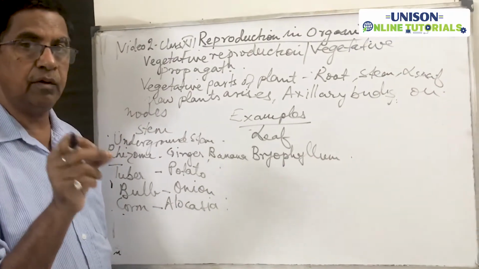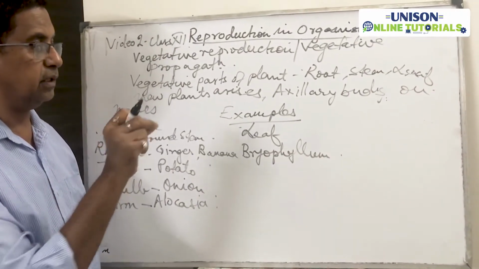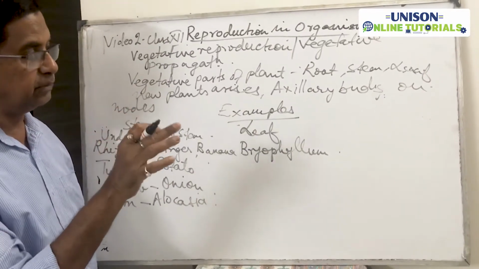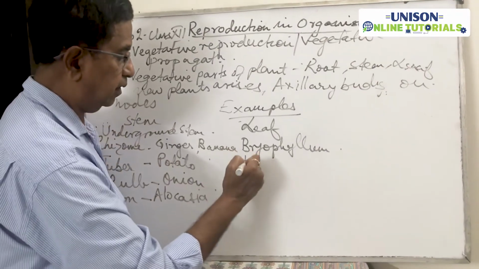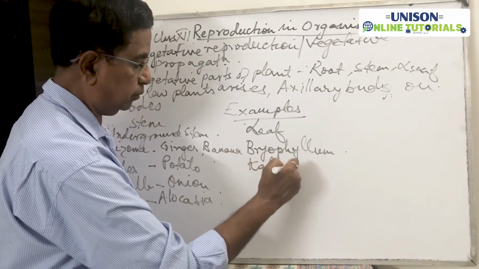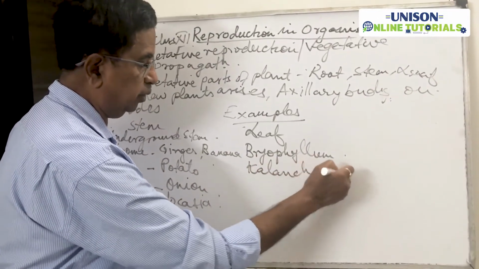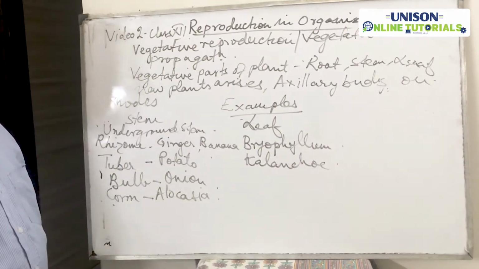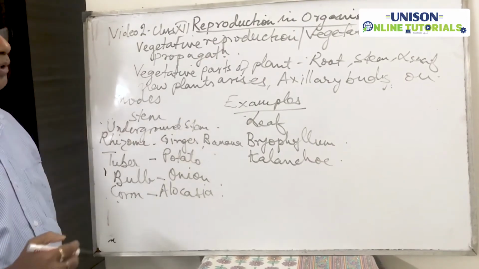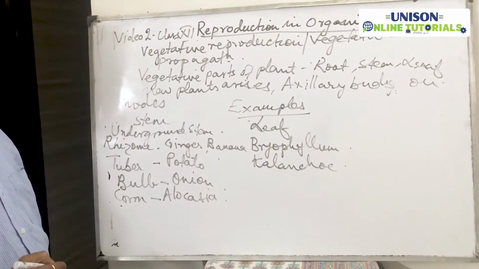The leaf margin has notches, and the notches have the axillary buds. From the axillary buds, new plants arise. Another example of the leaf is kalanchoe. Kalanchoe is a plant whose leaf also can reproduce by vegetative reproduction.